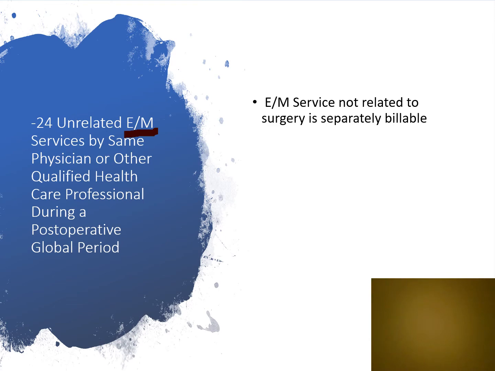So, for example, when a patient comes to the office and is in a post-operative period, remember 90 days for major surgery, 10 days for minor surgery, and the patient comes in to see the doctor for something totally not related to the surgery, the doctor needs to bill for his services for that office visit. So what you're going to do is attach that 24 modifier to your evaluation and management code. Only use 24 on evaluation and management codes.